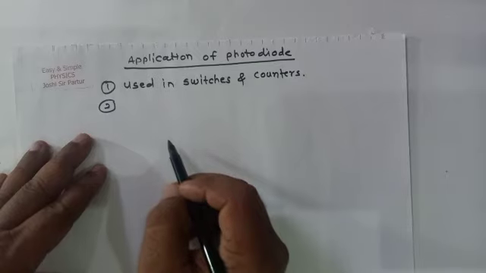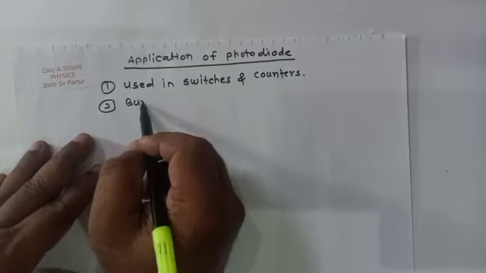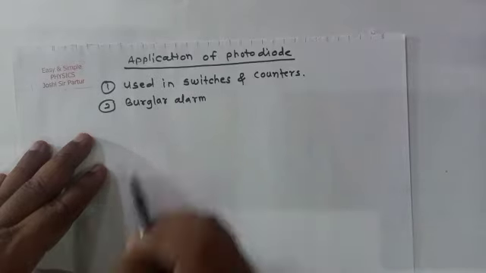Also, photodiode is used in burglar alarms, the same as a photocell. In a burglar alarm system, photodiodes are used like a photocell.